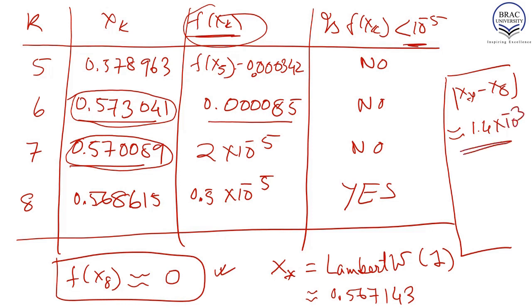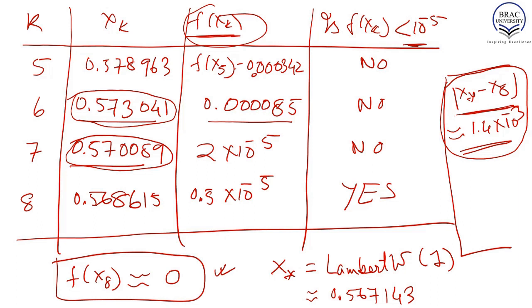Look at here. So that will clarify our initial question, which one you mean. So our solution is within 10 to the power minus 5, but the difference between the root x star minus x8 is not within 10 to the minus 5. So if you want to find the answer within 10 to the minus 5 for the x, not the function of x, then we have to do many more iterations.